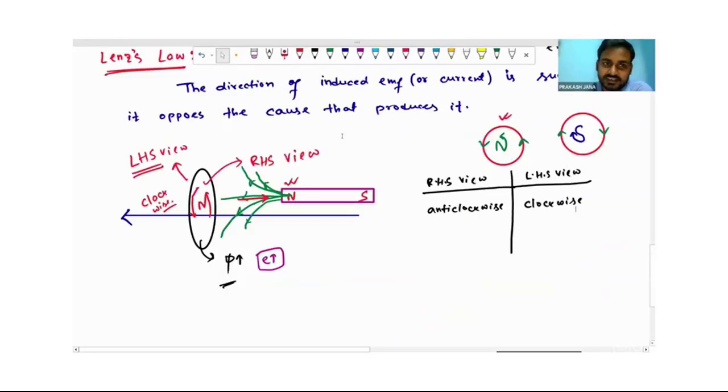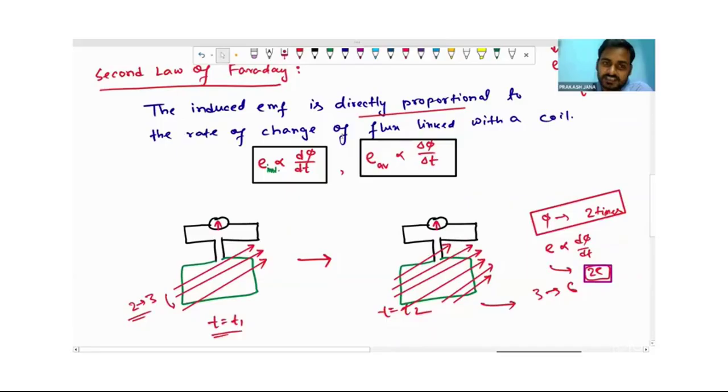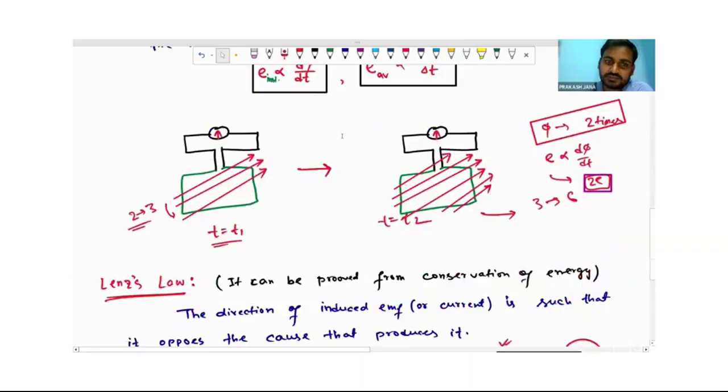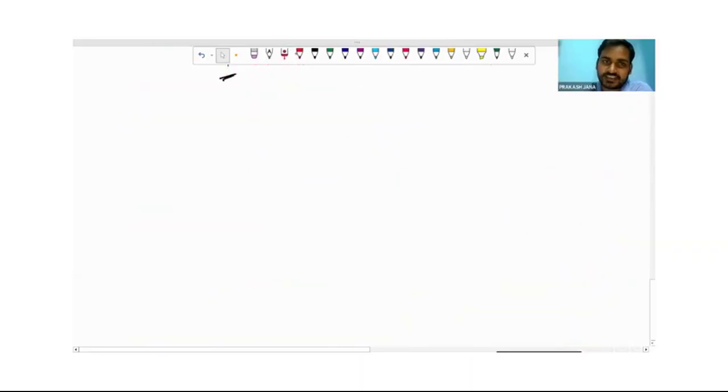Now we can write it mathematically. See, from the second law of Faraday, we wrote induced EMF is proportional to d phi by dt. Now, considering Lenz law, suppose the instantaneous induced EMF was proportional to d phi by dt. Now we can write it equals minus d phi by dt.